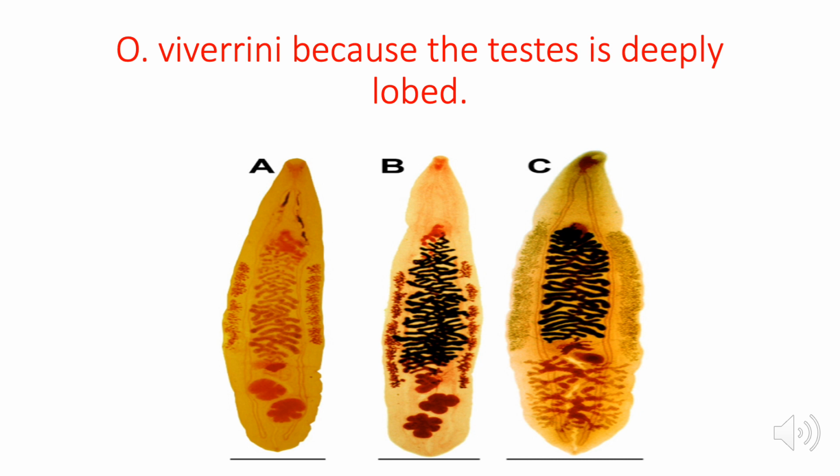Worms A and B are from the Opisthorchis species because they both have lobed or lobulated testes. But it's very obvious that the testes of worm B are more deeply lobed than the testes of worm A. So worm B is Opisthorchis viverrini, while worm A is Opisthorchis felineus.